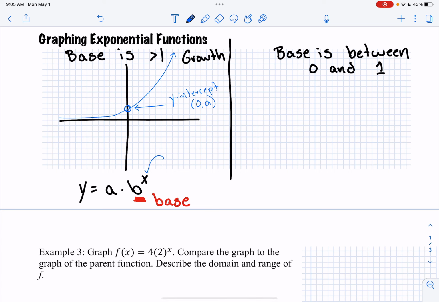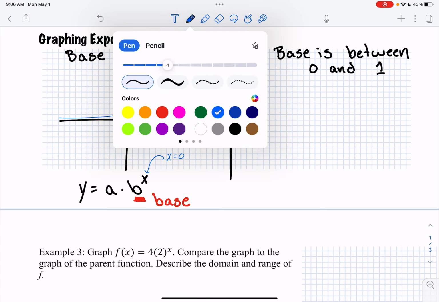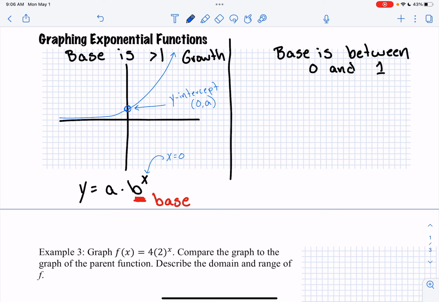Because if x is 0, then this b to the 0 becomes 1, so then I have 1 times a, so that just gives me a. So that y-intercept occurs there at the a value.